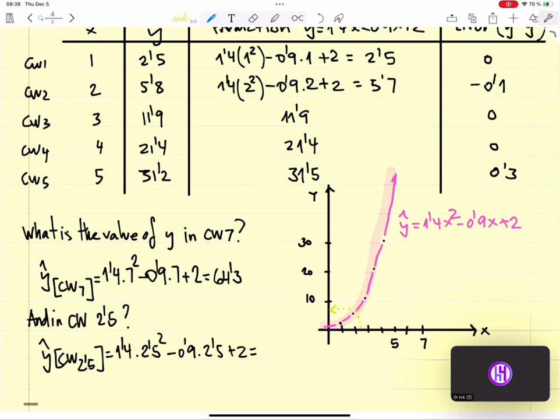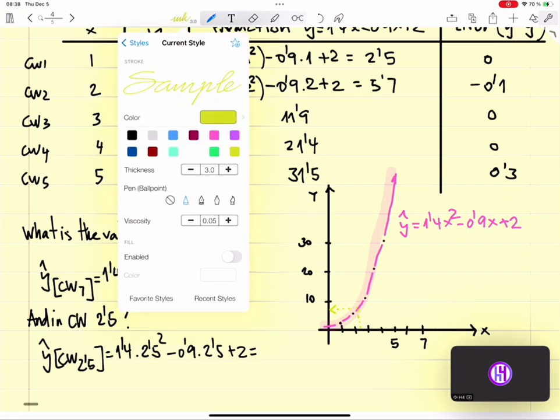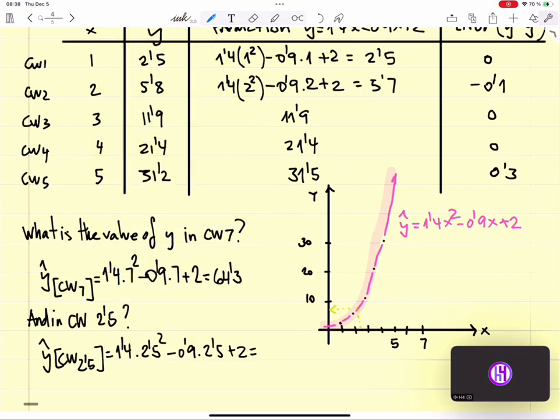If we do that, can somebody do it? I don't have my calculator. Please. Somebody do it, please.